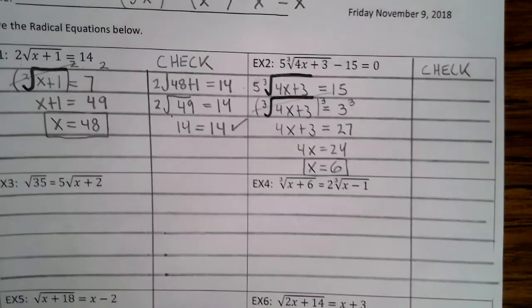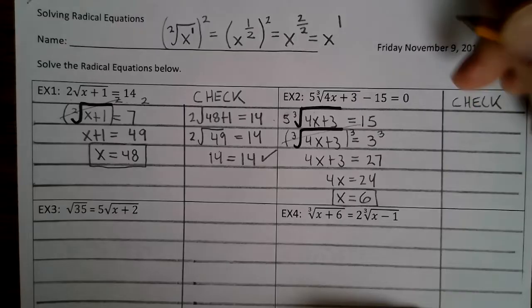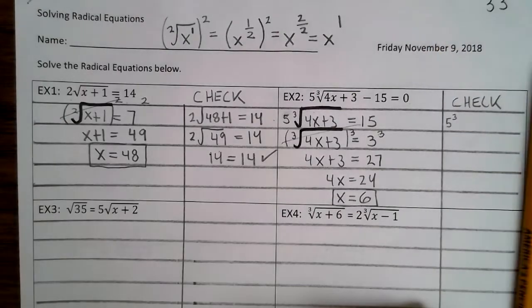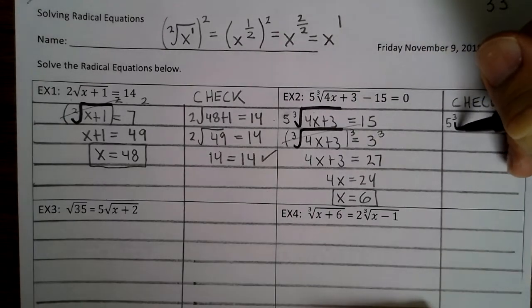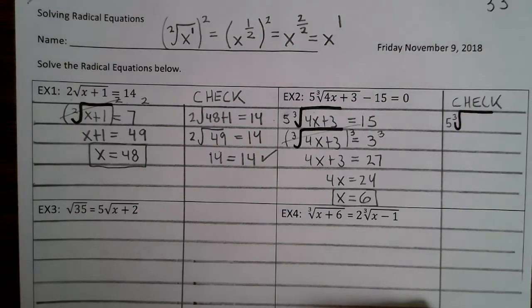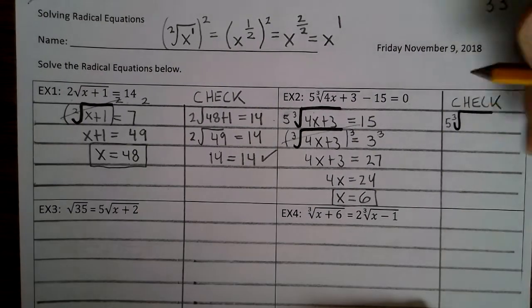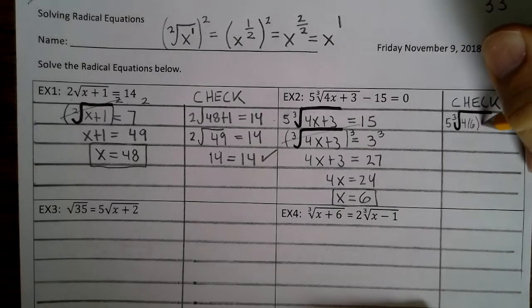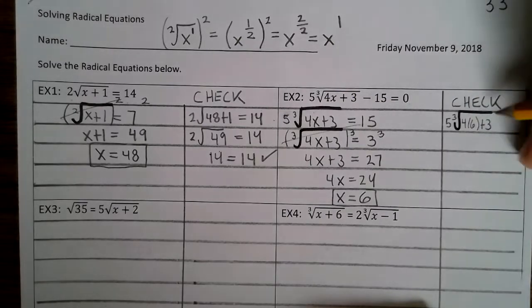Now you plug that back in to check, so you get 5 cube root of, now this would be 4 times 6 plus 3 minus 15 equals 0.